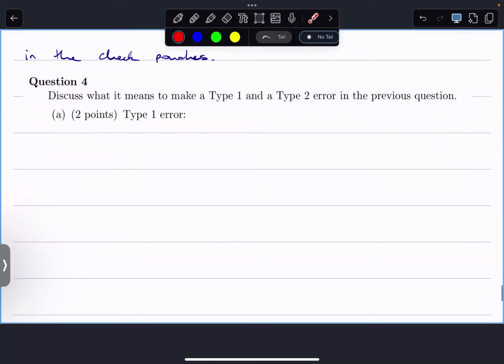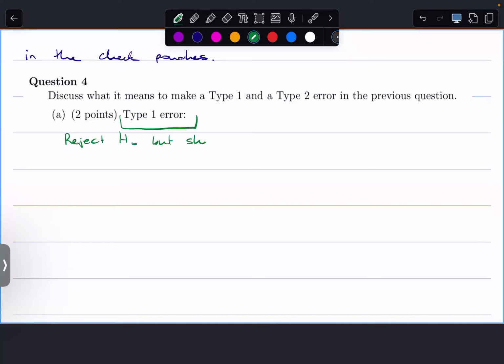Type 1 error is when we reject H naught when we shouldn't have.